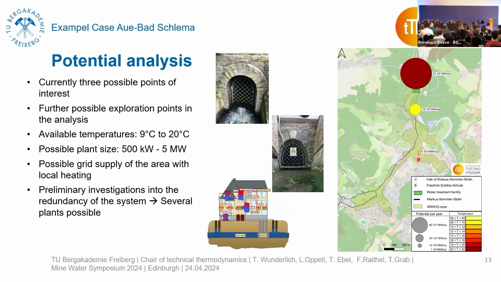Perhaps with a heat exchanger and construction in the water treatment gallery, so that we have a backup power plant for the whole district. And that's the plan and the focus for the next couple of years.